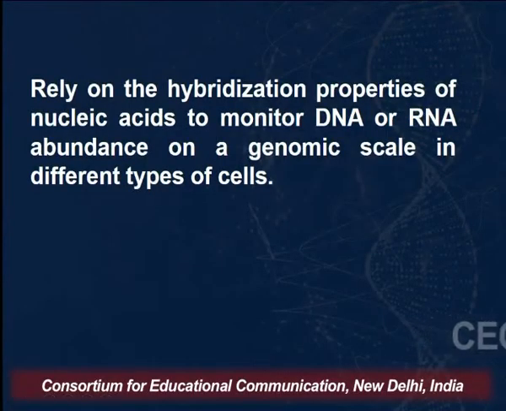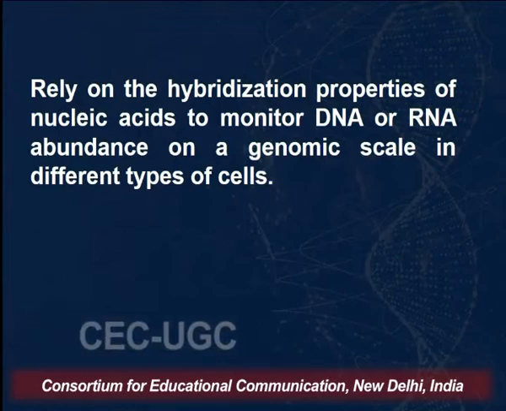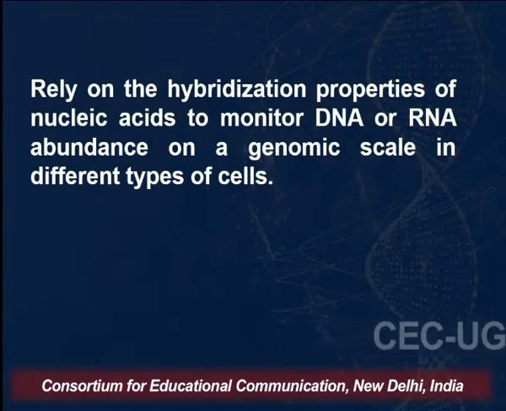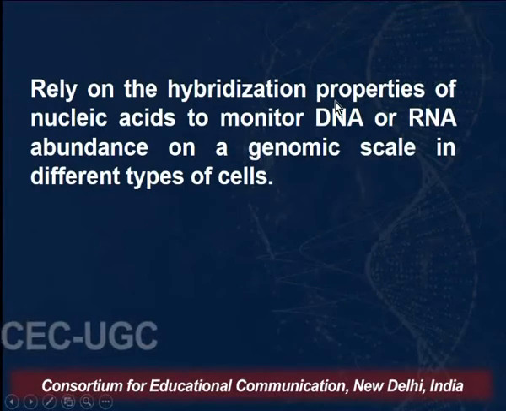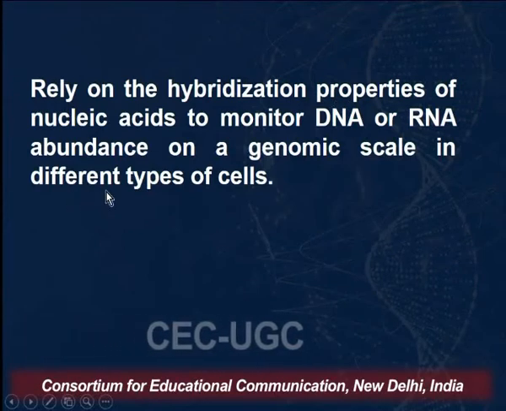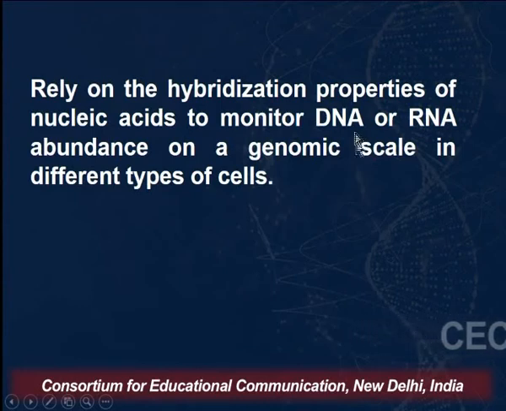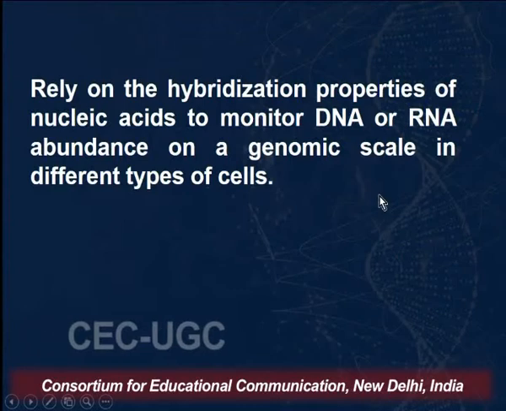The technique relies on the hybridization properties of nucleic acids to monitor the DNA or RNA abundance on a genomic scale in different types of cells. Now, the important property is the hybridization property of nucleic acids, the complementarity. It can monitor the DNA molecules as well as the RNA abundance, because a DNA-RNA hybrid can also be formed.